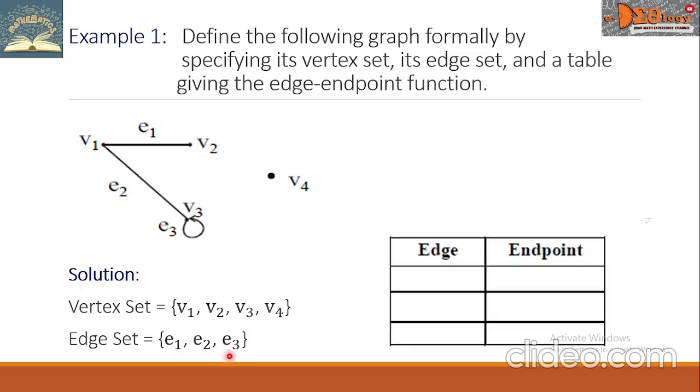Now, the table with the edge endpoint function. For the edge, we write here e sub 1, e sub 2, and e sub 3. Now the endpoints for e sub 1, we have v sub 1, v sub 2. For e sub 2, we have v sub 1, v sub 3. For e sub 3, this is a loop, so we write v sub 3. We have now this as the final answers.